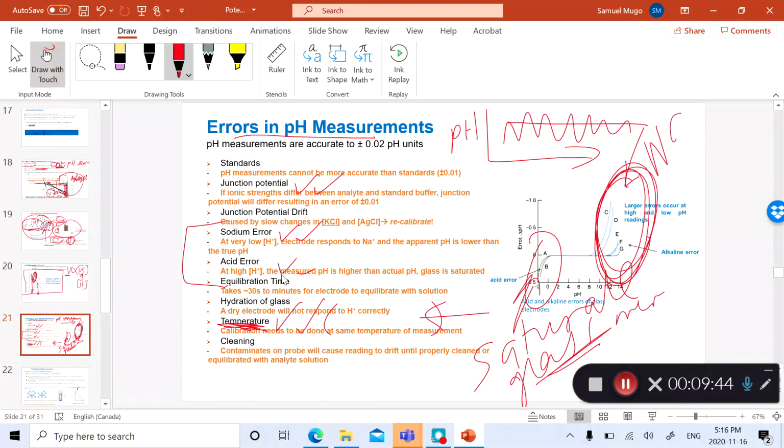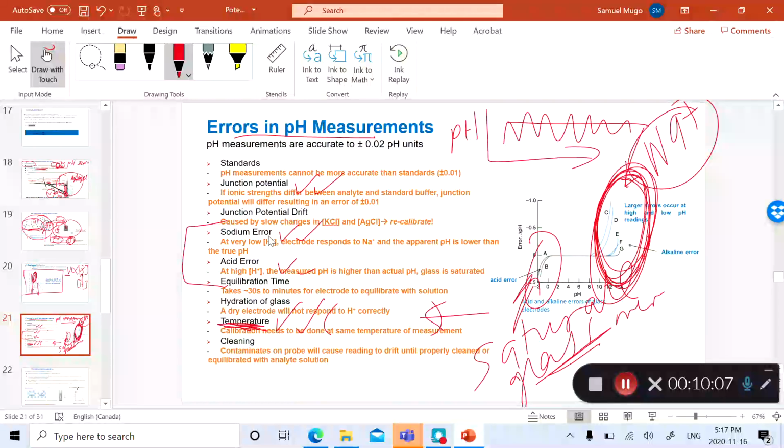On the other hand, if you're dealing with very high pH, often in very high pH, you also have a high concentration of the sodium ions. And we've already said sodium ions tend to interfere in the detection of hydronium ions with a pH sensor. And so in the very high pH regions also, you tend to have a big error because of the sodium.